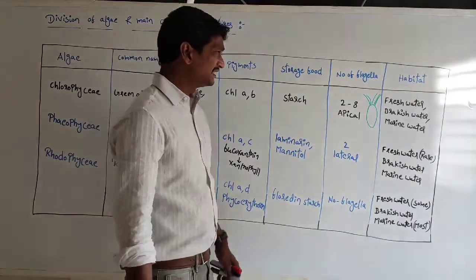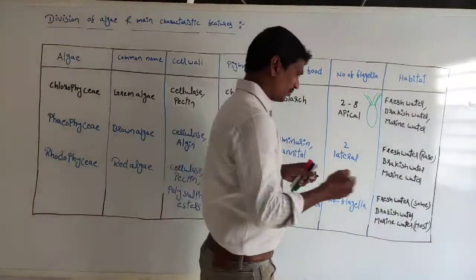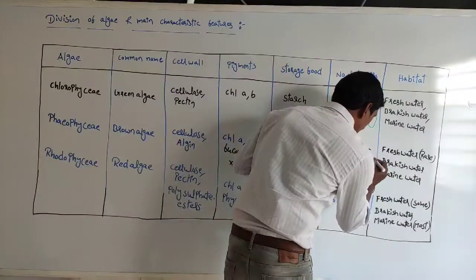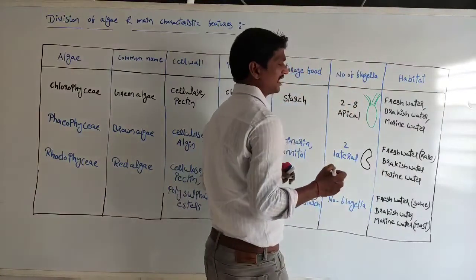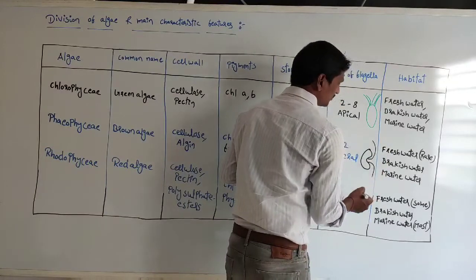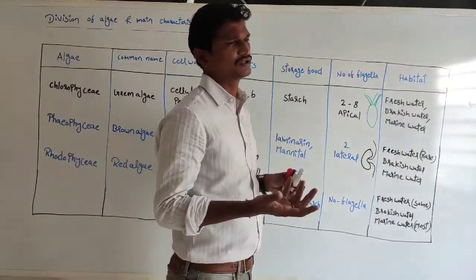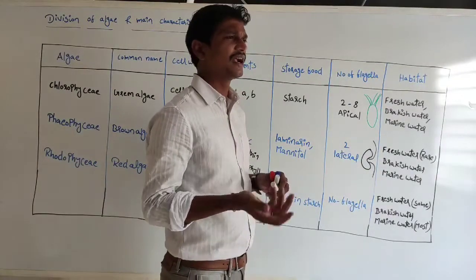Within the phaeophyceae, the spores or gametes have two flagella. One is a long flagellum, the other is a short flagellum, and the flagella are present at the lateral position.